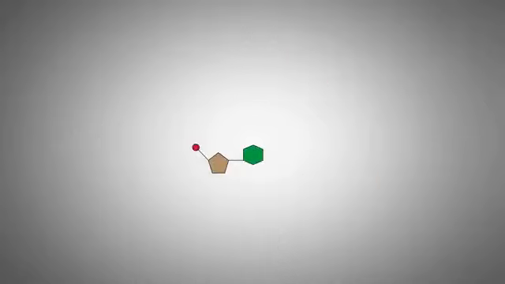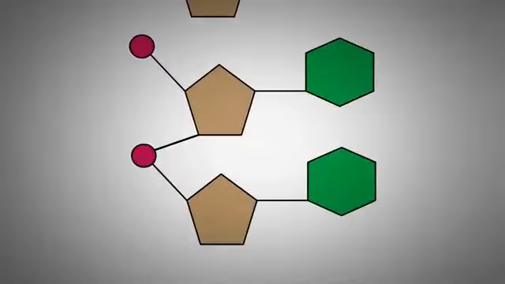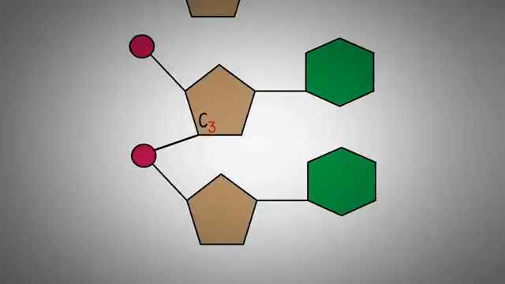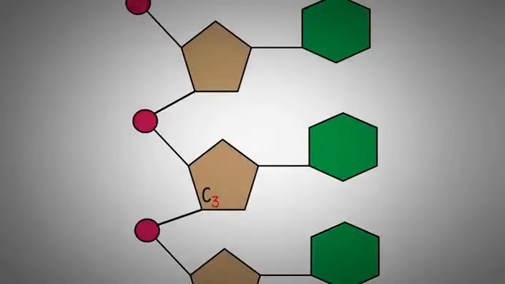Next, let's look at how many nucleotides bind to each other to form a chain of nucleotides called a polynucleotide. Basically, the phosphate group that attaches to the carbon number 5 of the sugar below also forms a bond with the carbon number 3 of the sugar above, and this pattern is repeated again and again.